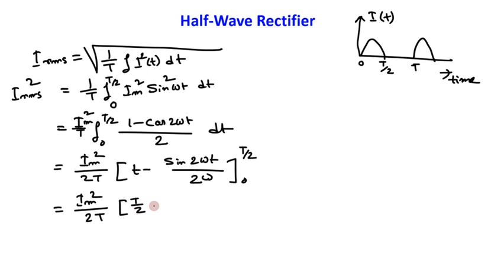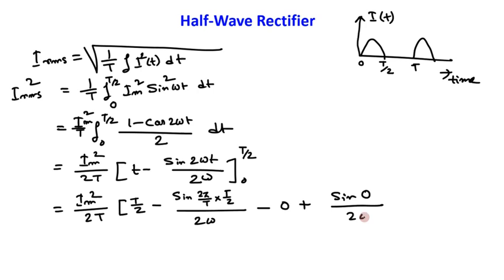This is T by 2 minus sine of, you remember this is 2 pi by T into T by 2, by 2 omega, then minus 0, then plus sine of 0 by 2 omega. Sine 0 is 0. Now you see here, this is sine of pi.